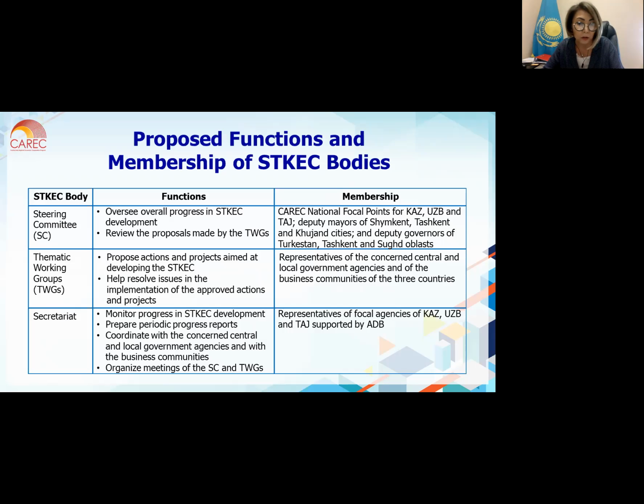We do have experience of such regional economic corridors, such as the economic corridor of Almaty and Bishkek, and by working together we'll be able to find the best possible solution. I also believe that this structure will have political commitment at the highest level to coordinate activities with different public authorities inside the countries and among the countries, for the benefit of the economic corridor between Khujand, Tashkent, and Shymkent. Ms. Sinlan, the floor is yours.